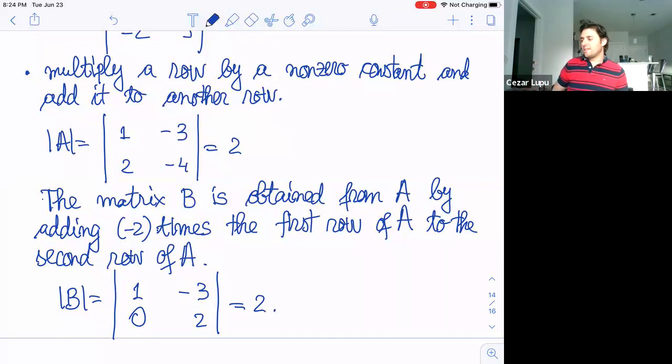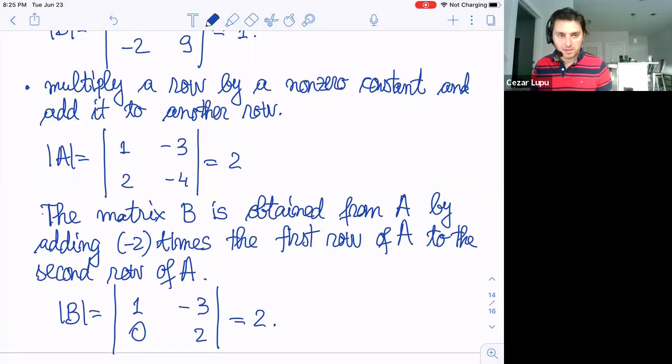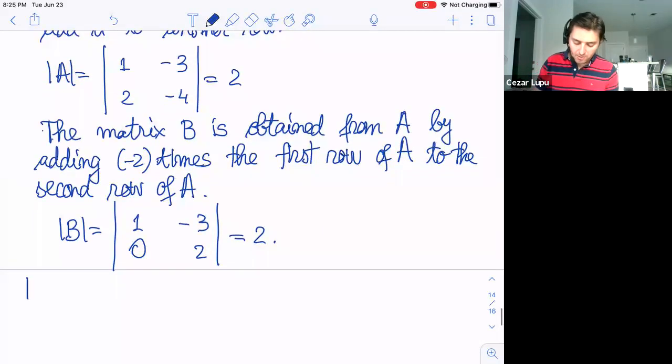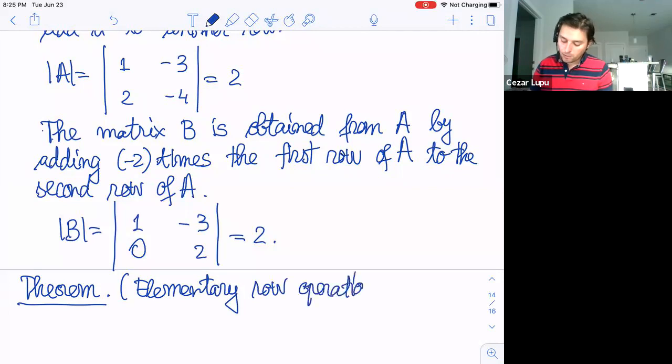You see, these are just very innocent examples. And now I would like to give you the theorem, which confirms your expectations. And the theorem says the following. This theorem will concern the elementary row operations and determinants.